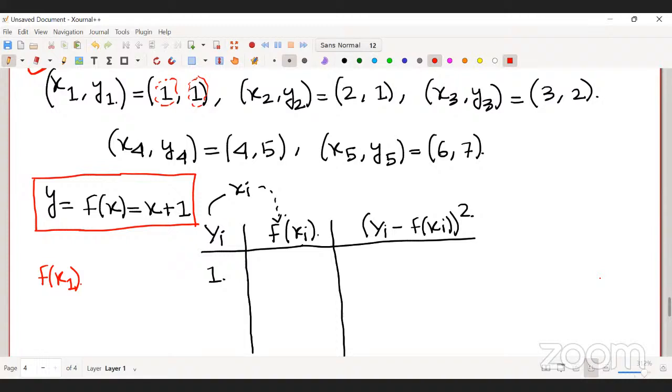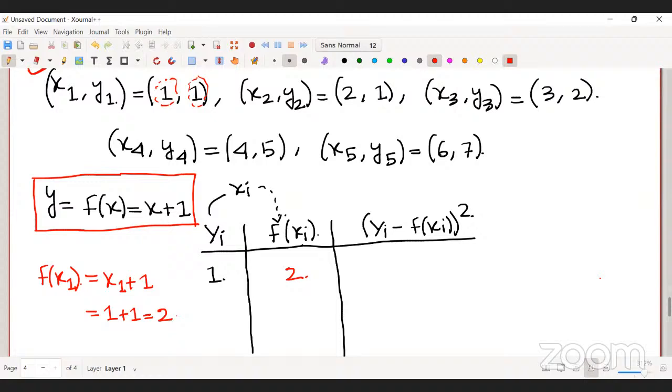So f of x1 is x1 plus 1, and x1 is 1, so this is 1 plus 1, which is 2.